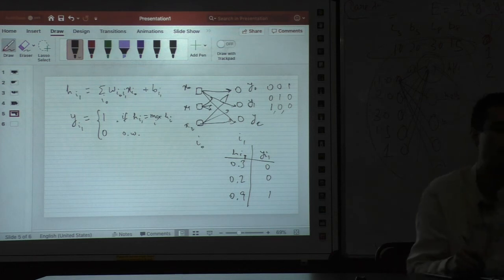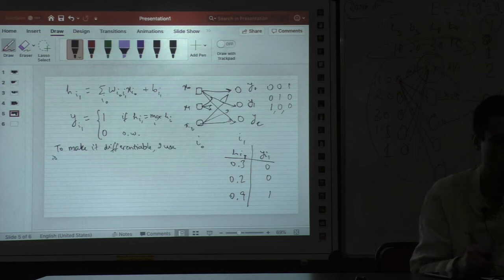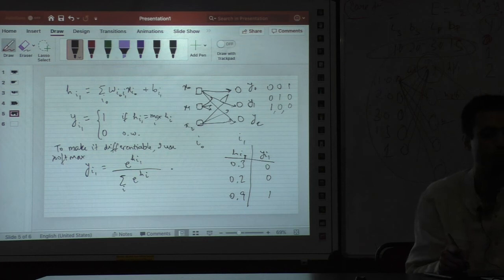So instead of taking a max, I will take a softmax. To make it differentiable, I use softmax instead of max, where y_i1 is equal to the exponential of h_i1 over this function.